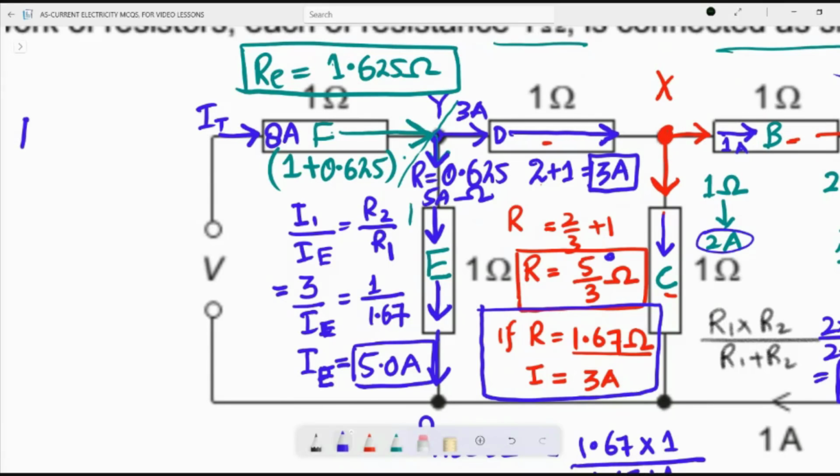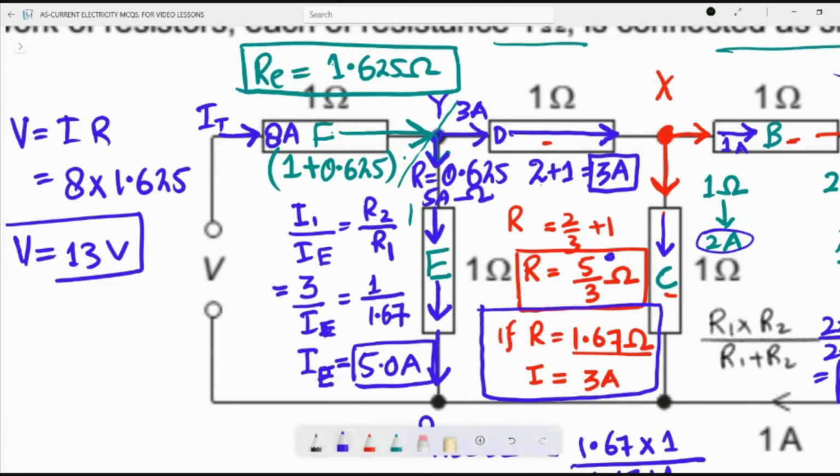So V equals I times R will be used finally. I is 8 ampere and R is 1.625. Let's check: 8 times 1.625 gives exactly 13, 100% 13 volt.